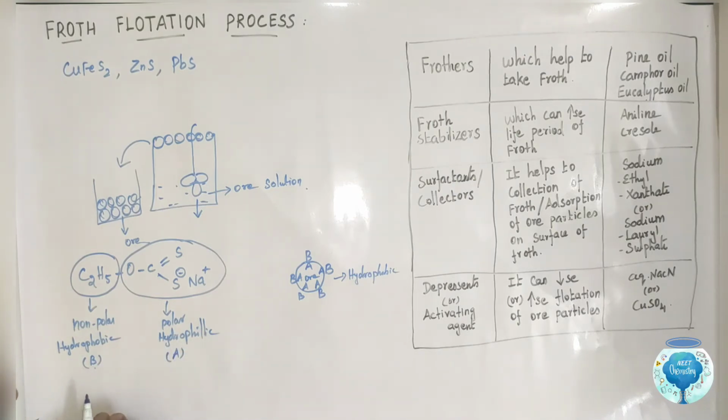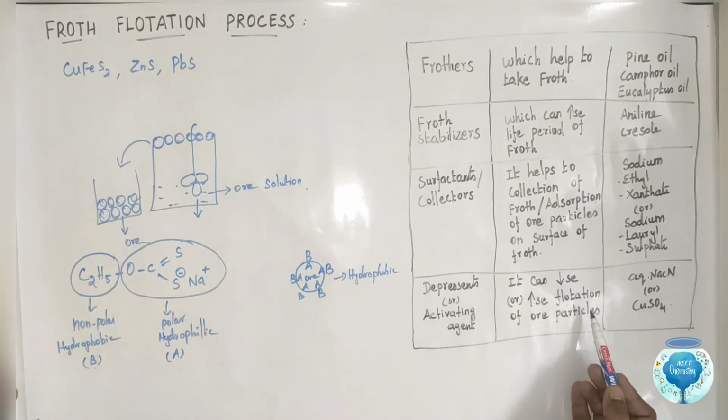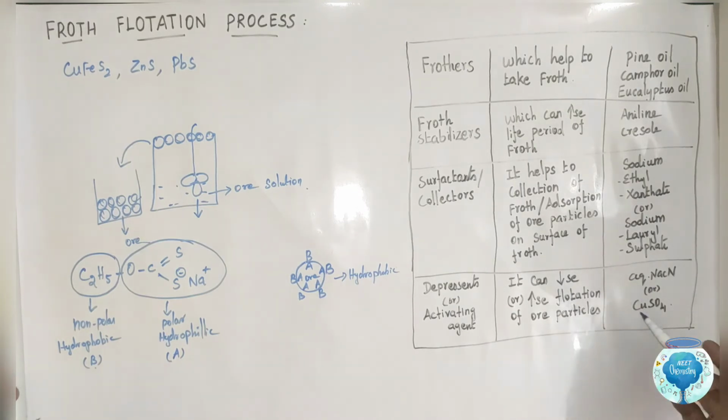Then the fourth one, depressants or activating agents. Depressants decrease the flotation of ore particles. Activating agents increase the flotation of ore particles. Example, depressant: aqueous sodium cyanide. Activating agent: copper sulfate.